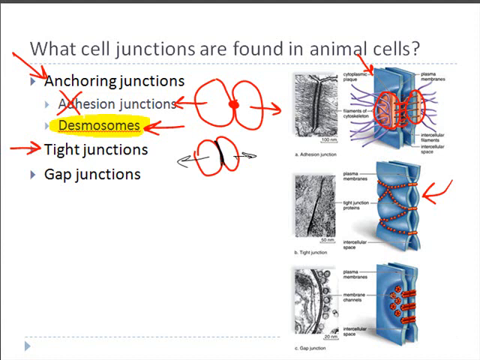The last major type of cell junction that you hear people talk about in animal cells are called gap junctions. And gap junctions are simply little channels or holes created by proteins that connect two cells together so that the fluid or cytoplasm in one cell over here can connect with the fluid or cytoplasm in a cell on the other side.